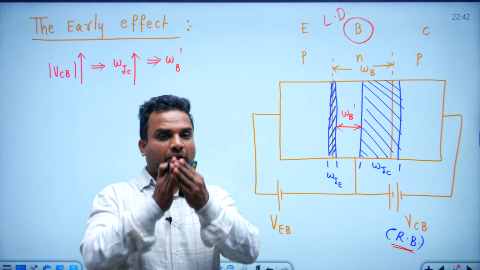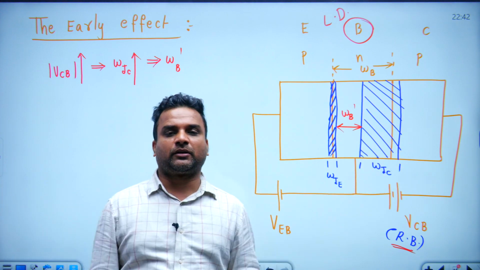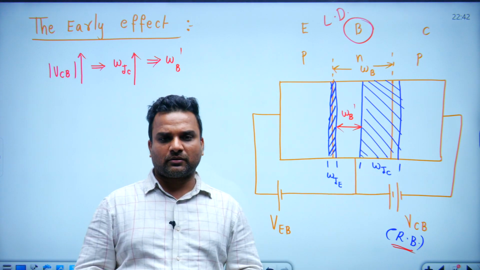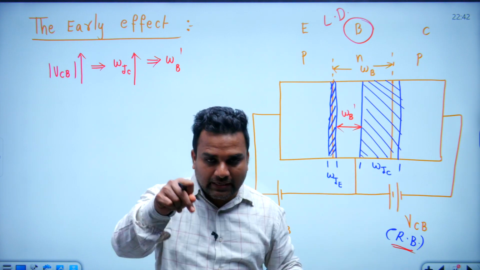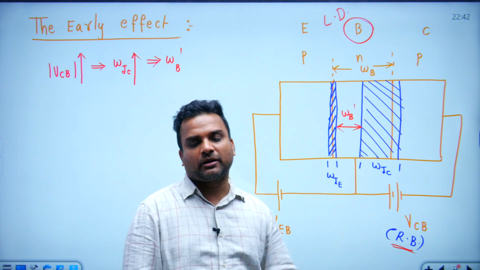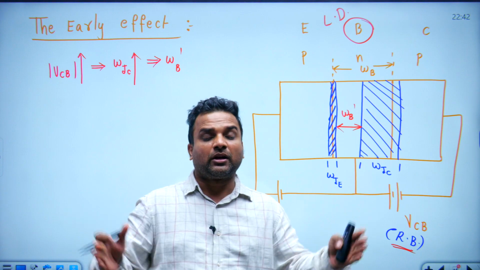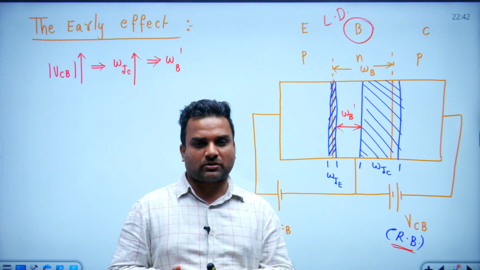Previously, when there was a large effective base width, there were more recombinations and less current went to the collector. Whereas now, as you increase VCB, WJC increases and WB dash reduces.